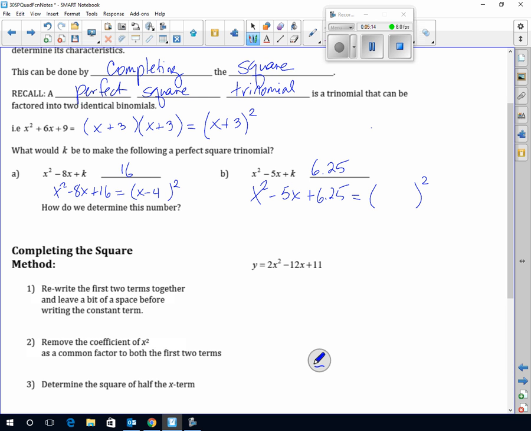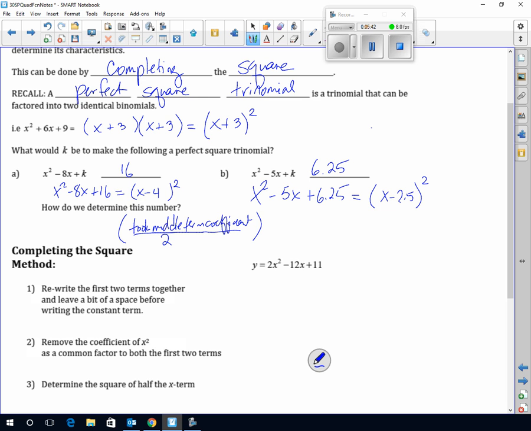Okay, so I'm going to actually go through this. How did we determine this number? We took the middle term, I should say the coefficient of the middle term, and divided by 2, and then we squared it. Well, let's look at the one before.